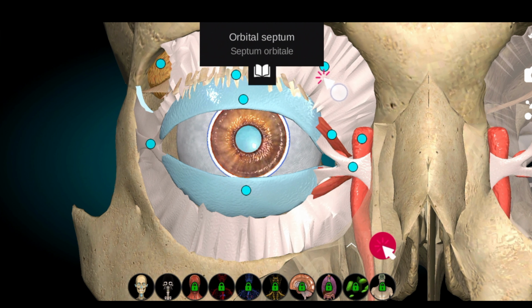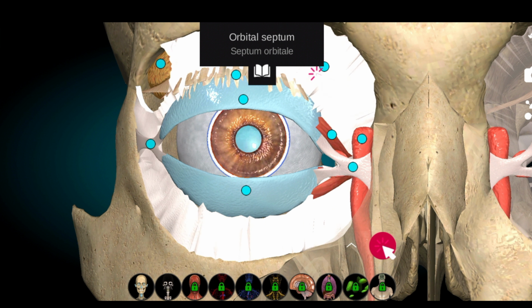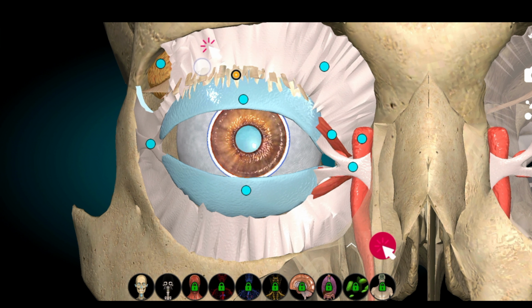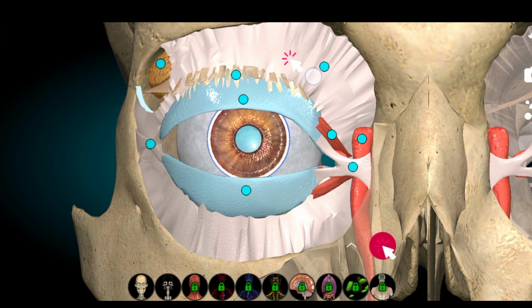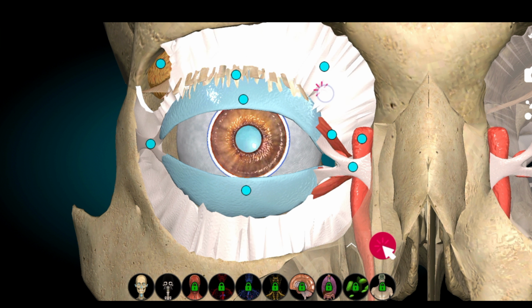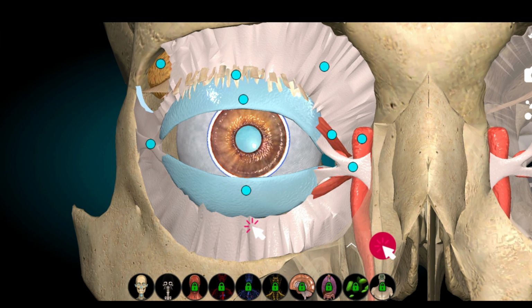Now here you can see that this total part is called the orbital septum. There are basically two orbital septa. This is the upper or superior orbital septum, and this is the inferior or lower orbital septum.